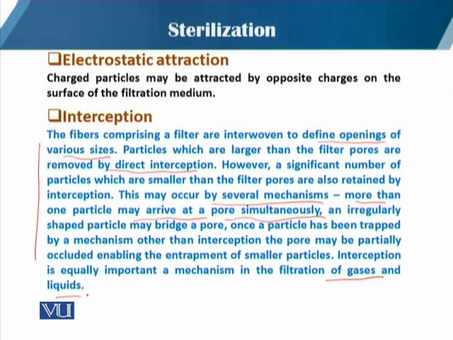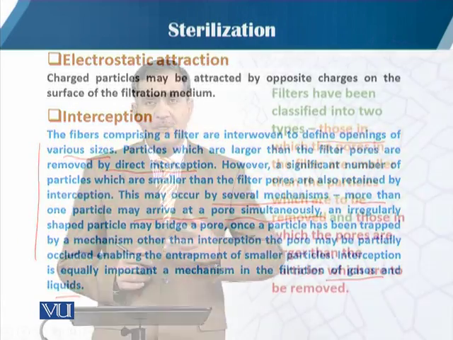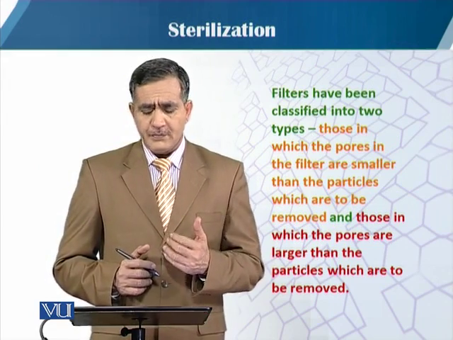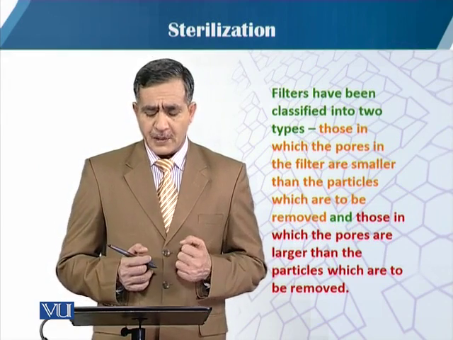These are the four different mechanisms involved in the filtration process. The first two are mostly applied to gases, but electrostatic attraction and interception can be involved in both cases, gases as well as liquids. As far as filters are concerned, filter types are classified into two types.